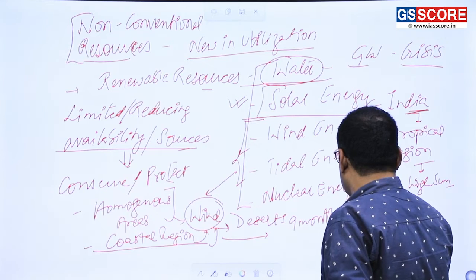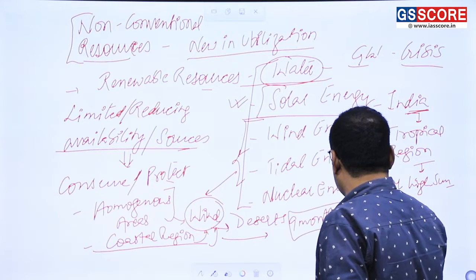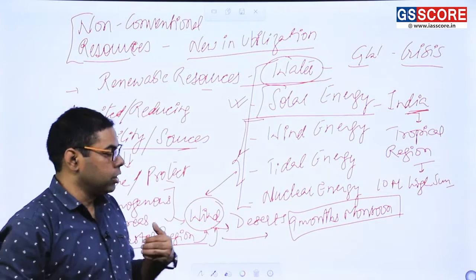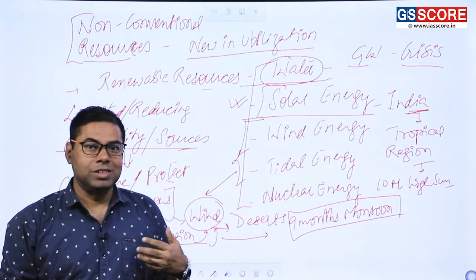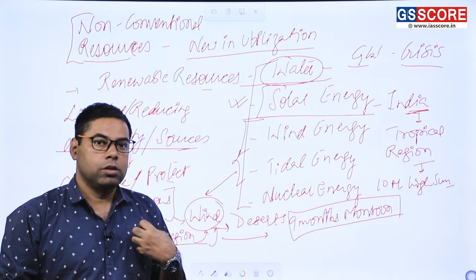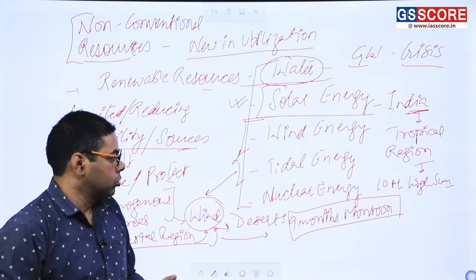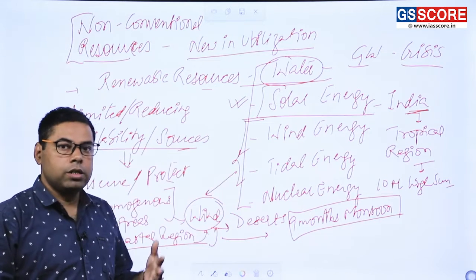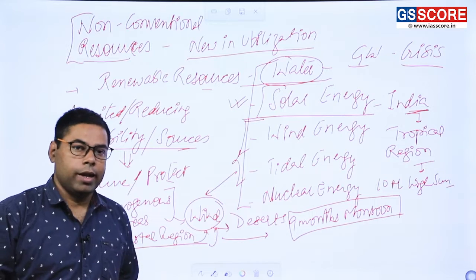During the monsoon, wind comes from the oceans and seas, and the volume of the winds is very high, so we can harness that wind to produce energy.